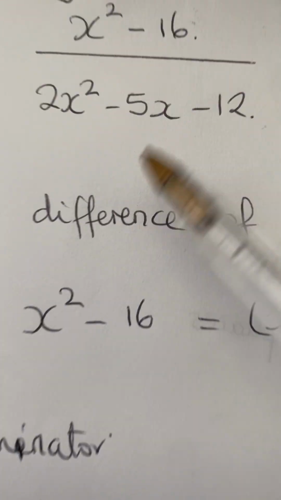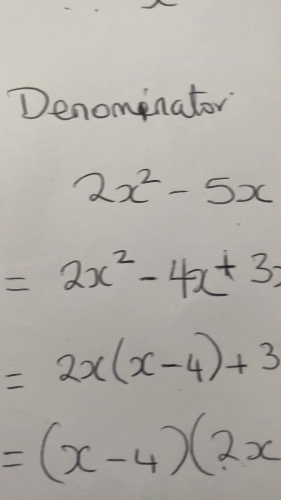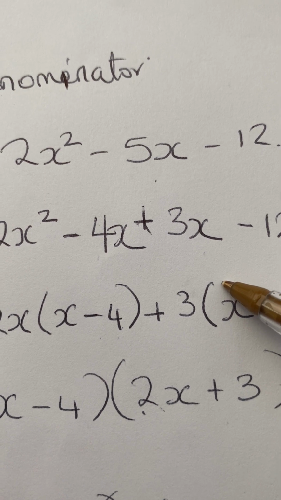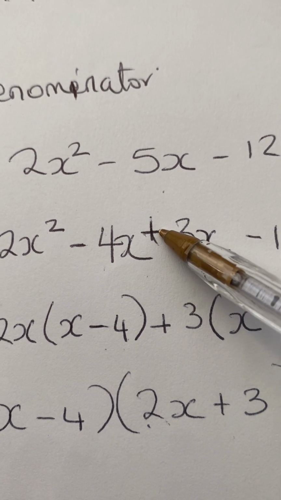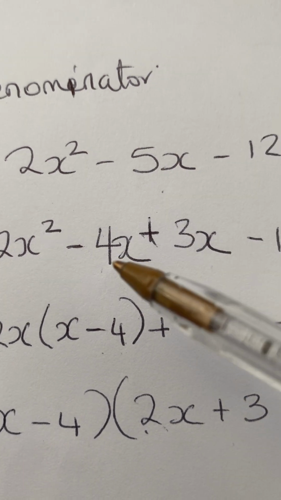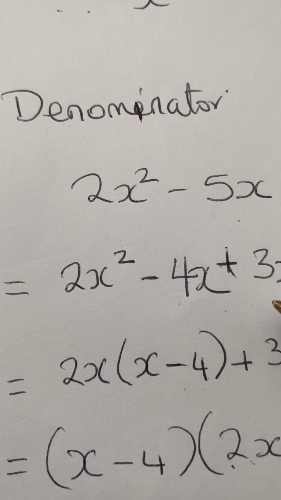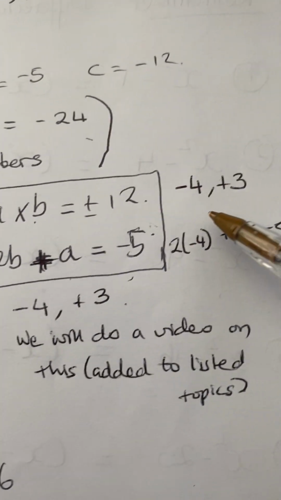So now 2x squared minus 5x minus 12. You can either use the quadratic rule, or you can just use this method here, which I will show you, how to choose these numbers. So now I have minus 4 and 3.